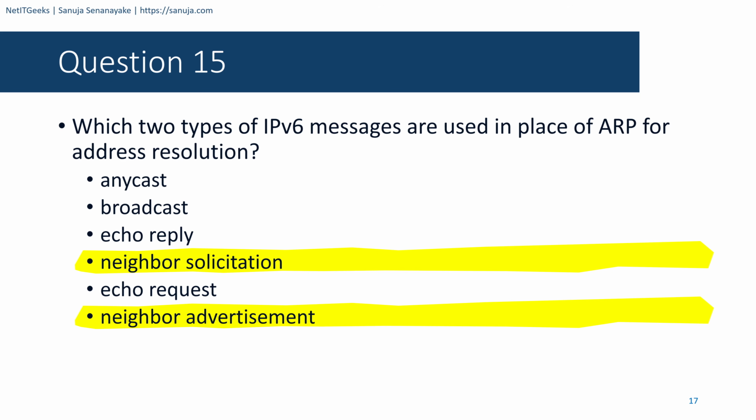Instead, we use ICMP version 6, and it includes router solicitation, router advertisement, neighbor solicitation, neighbor advertisement, and network redirects. You need to remember all of those for your CCNA exam. For this question, we're simply looking for the 2 ICMP version 6 packets, which are neighbor solicitation and neighbor advertisement, which replace ARP from IPv4 in IPv6.